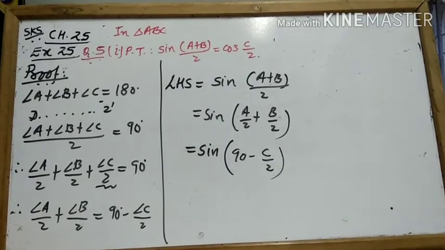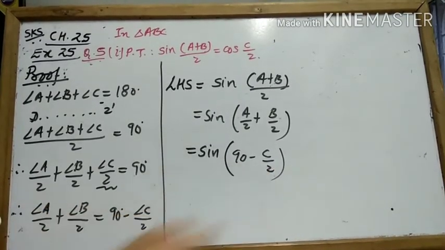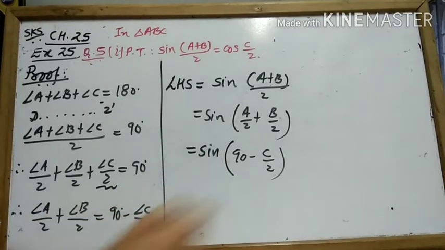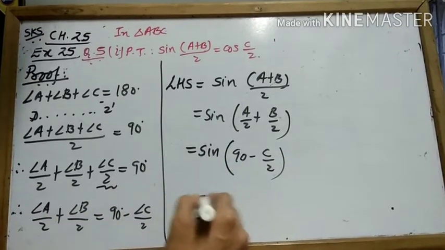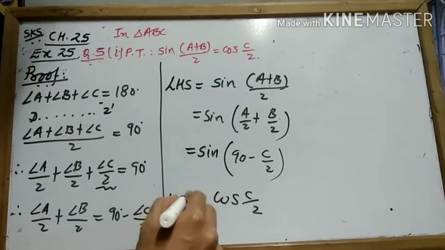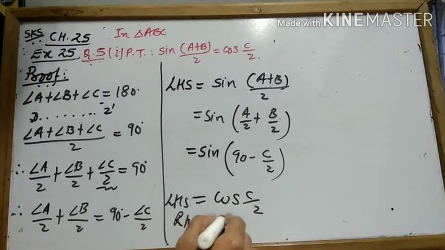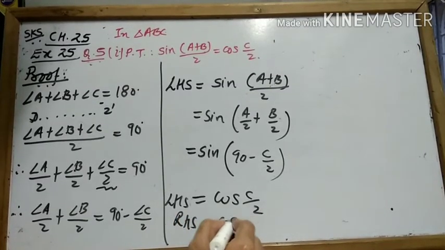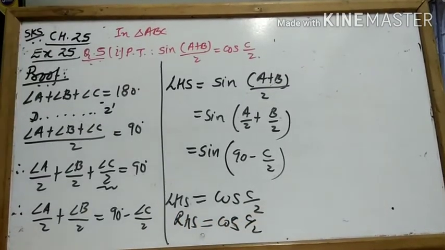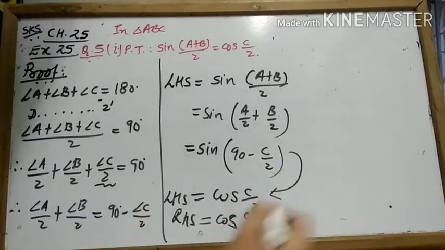And my dear friends, if I consider this as theta, sine (90 minus theta) is cos theta. So this will become cos C by 2. This is your LHS. Look at the RHS. What is RHS? Cos C by 2. Hence, LHS equals RHS.